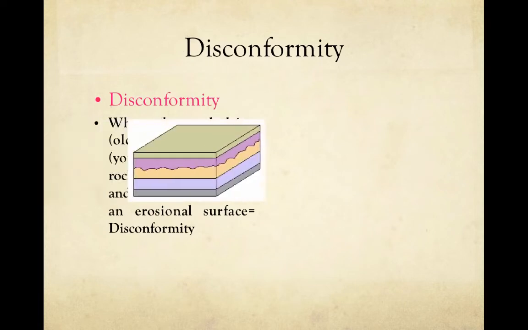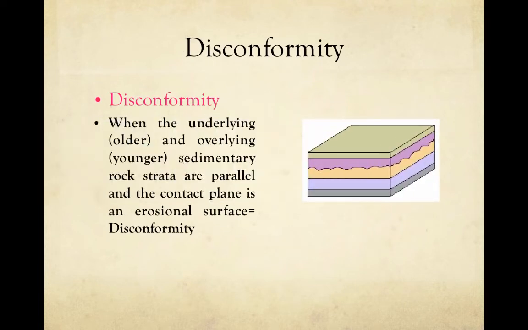Our next type of unconformity is a disconformity. A disconformity is when underlying or older sedimentary rock, down here, and overlying younger sedimentary rock, up here, are parallel, but the contact plane, where they're touching, is an erosional surface.